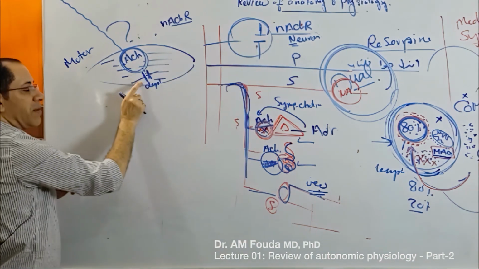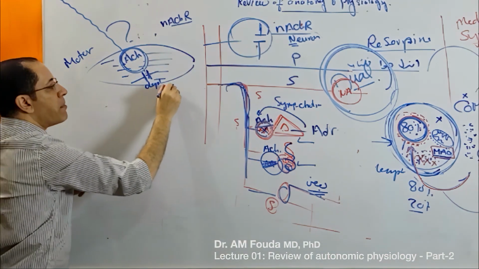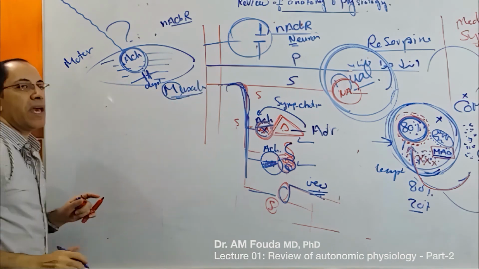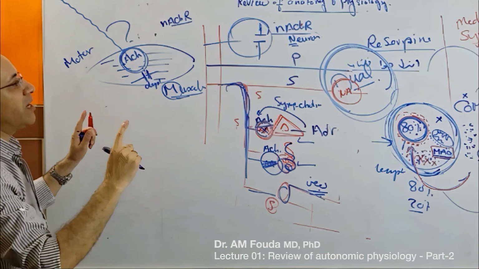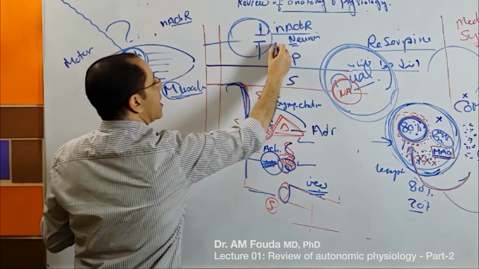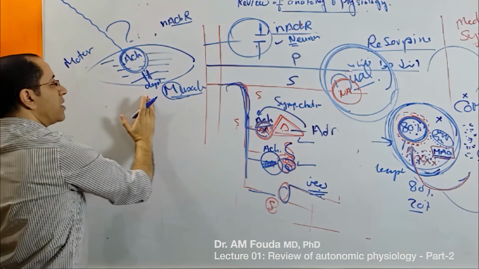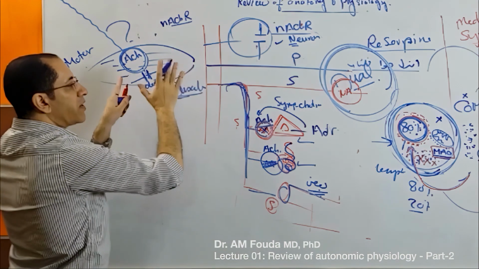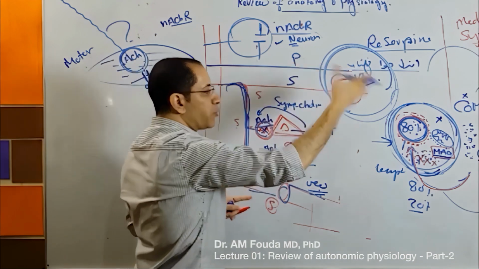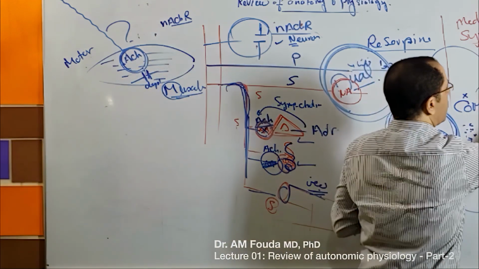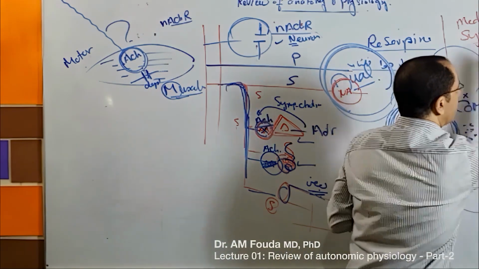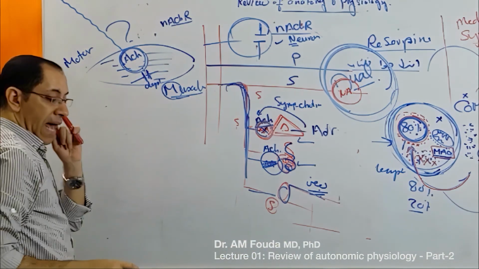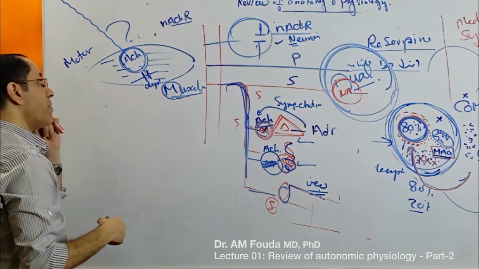However, the same gate in muscle takes the letter M, short for muscular. So we have two types of nicotinic acetylcholine receptors, one in the ganglia termed neuronal and the other in muscles termed muscular. These receptors are completely different in both structure and function from receptors inside normal tissue like M1, M2, and M3, which we are going to talk about in the next video.